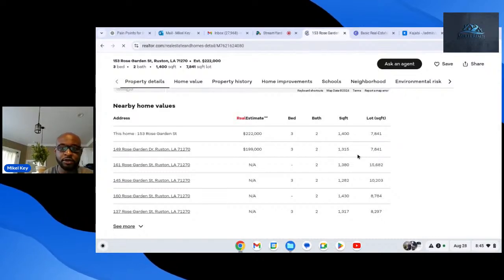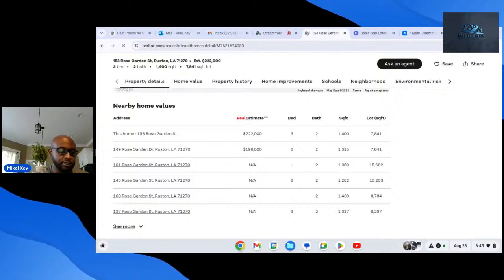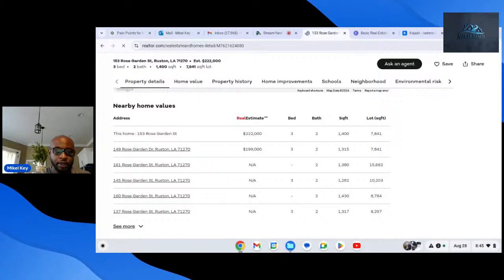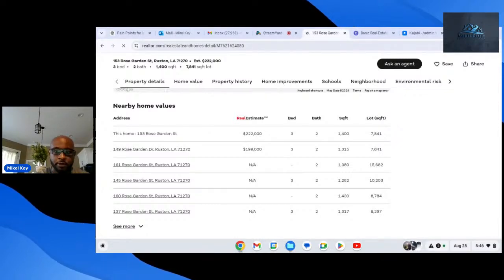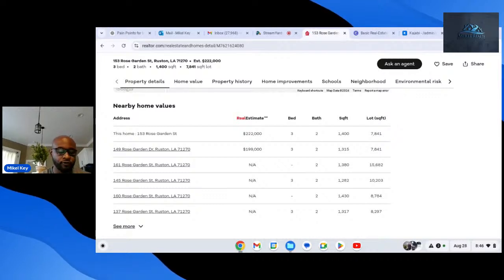If we play around with that number, we'll just do some basic math. We take $199,000 divided by 1,315, which is $151 a foot. I want you to understand how I came up with that.